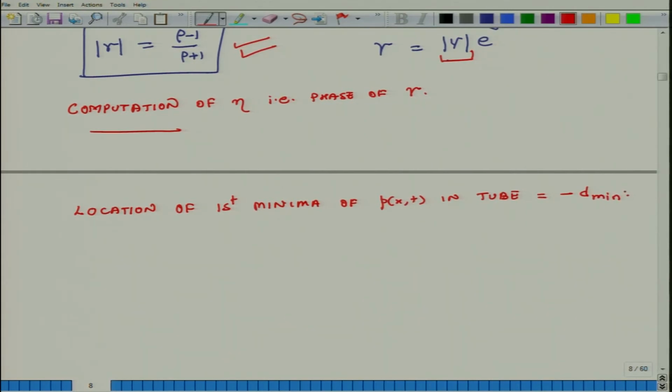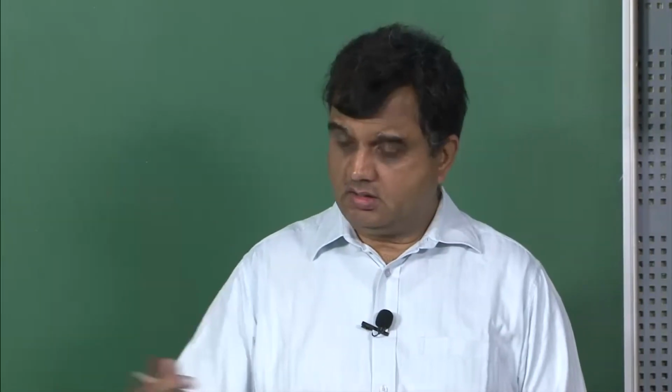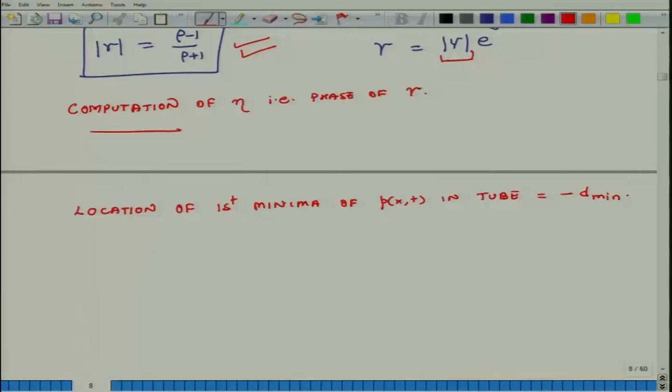Why is it negative? Because our coordinate system is such that as I am moving along the length of the tube, it is negative x direction, right. So, when x is equal to minus d min, theta equals minus pi radians.